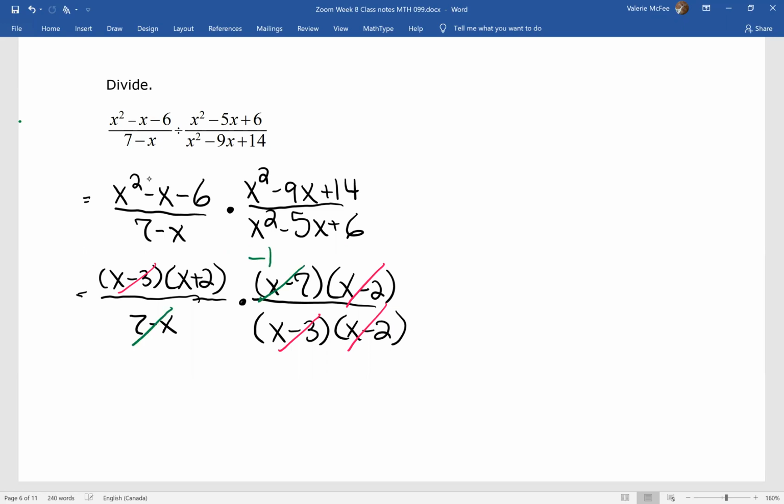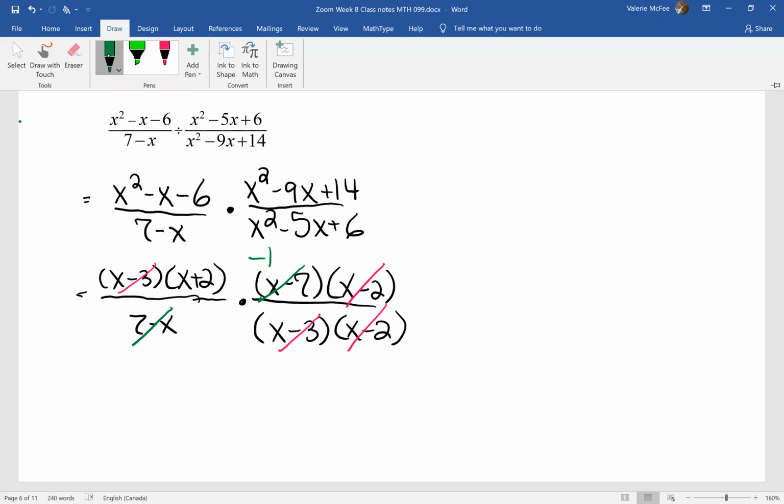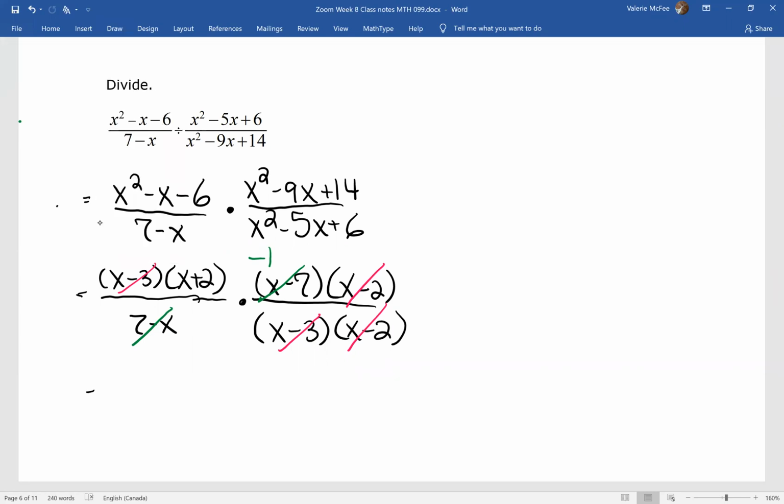When we divide out opposite factors, it always equals -1. So we're left with -1 times x plus 2. The denominator has no factors left. That means this could all be written over 1, but we're finished here.